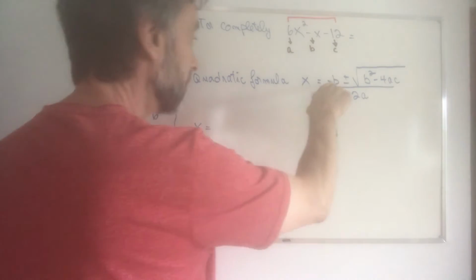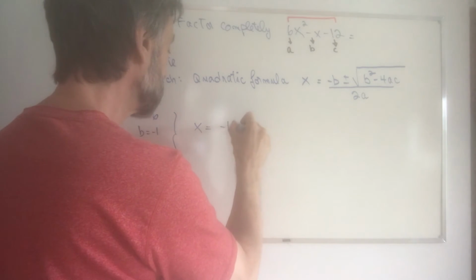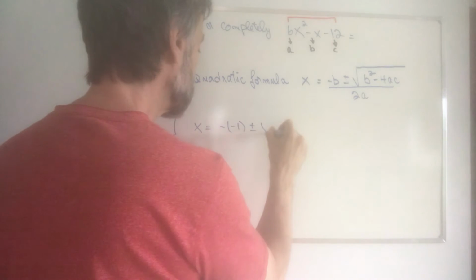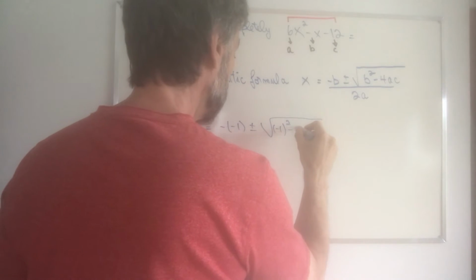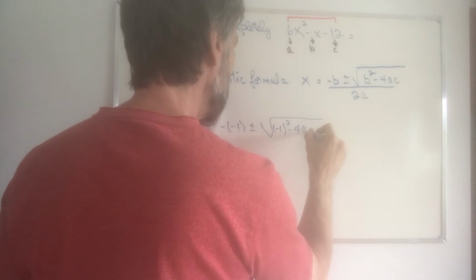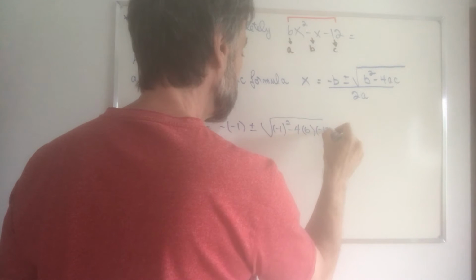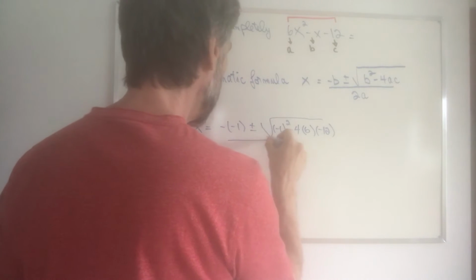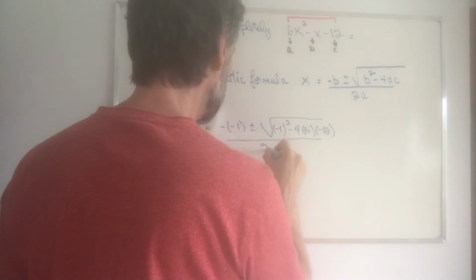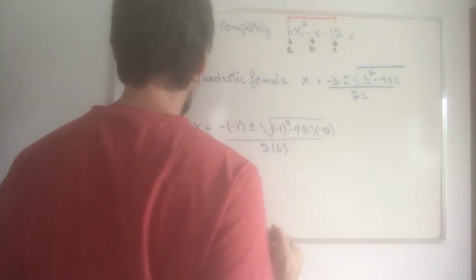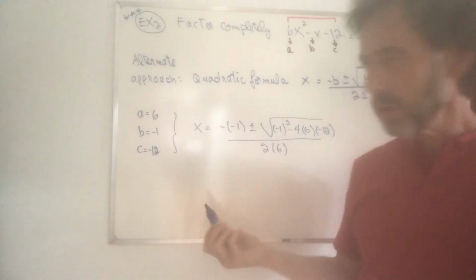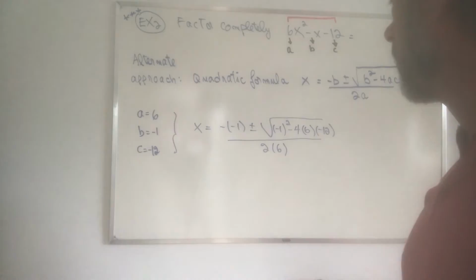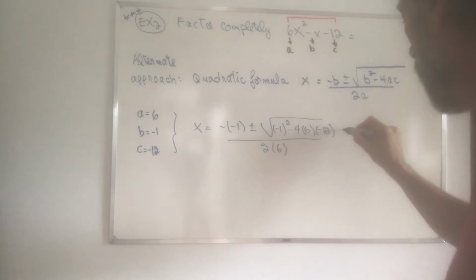So x is equal to minus b, so minus 1, plus or minus the root of b squared, so minus 1 squared, minus 4 times a times c, all of that over 2 times a, which is 6. Wow. So what do I do with this? What's the meaning of all this?